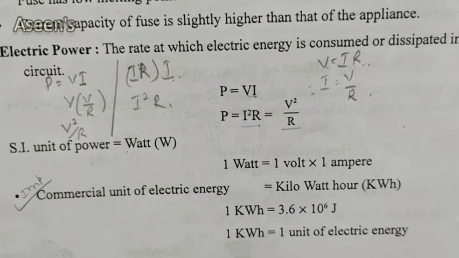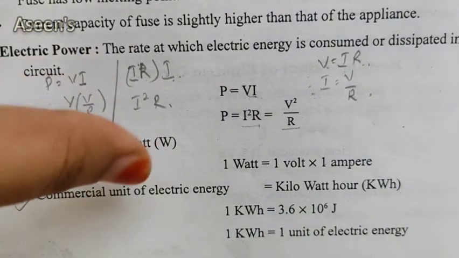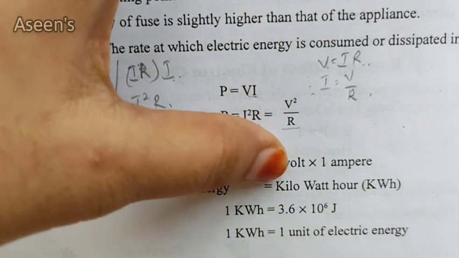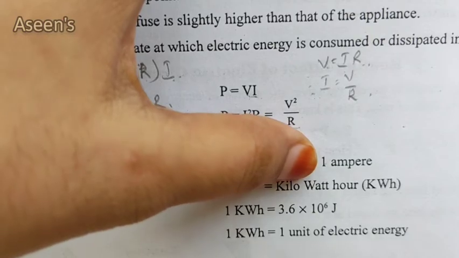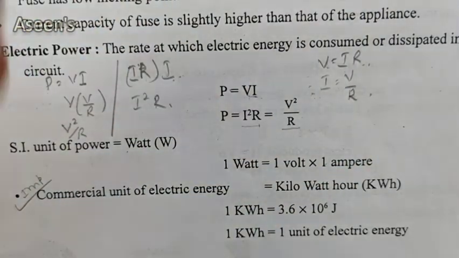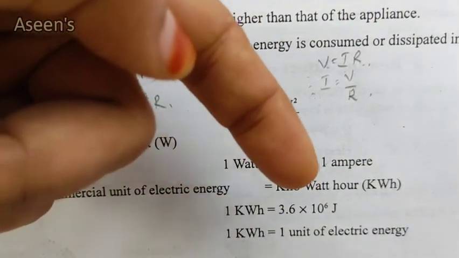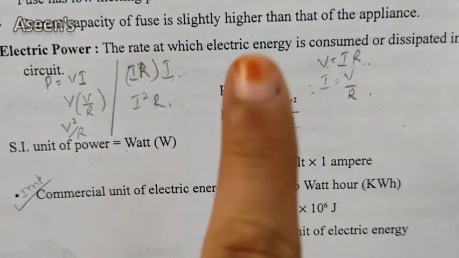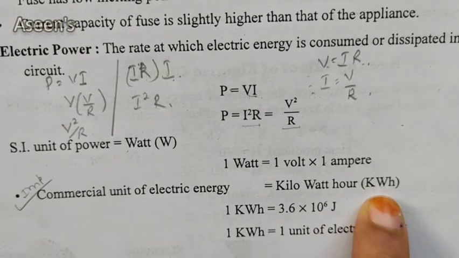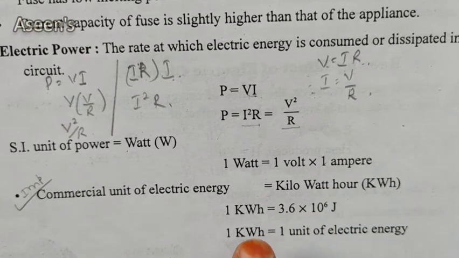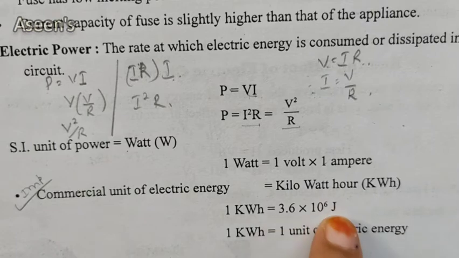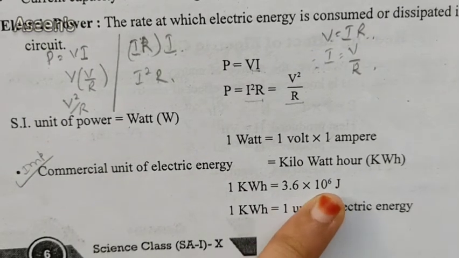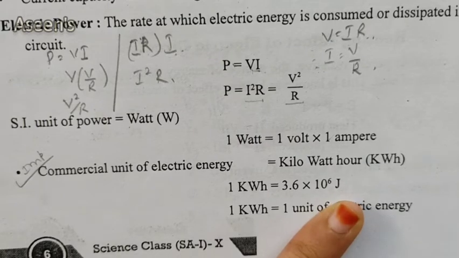Since we are not using watt but kilowatt for our commercial purpose, we take it as kilowatt hour. That means in 1 hour, if you're using 1 kilowatt, then it's considered as one commercial unit. Your electricity, whatever you're using, is calculated in terms of units. 1 unit is equal to 1 kilowatt hour. 1 kilowatt hour, if we convert into joules, is 3.6 into 10 to the power of 6 joules.